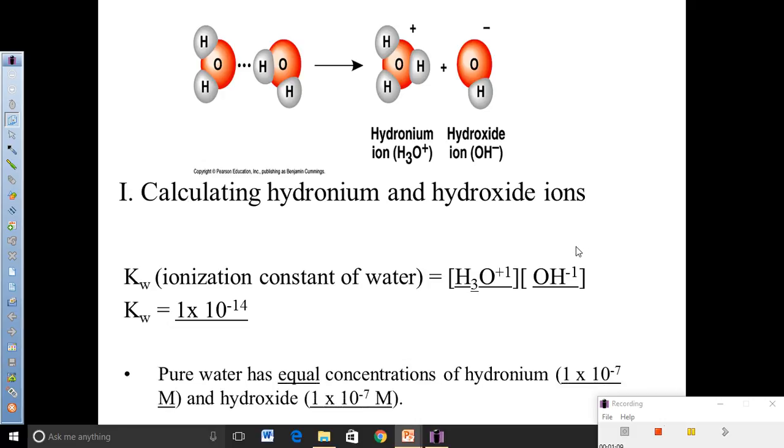If it's pure water, they're going to have equal concentration, so your hydronium and your hydroxide will both be 1 times 10 to the negative 7th. Because if I multiply these numbers together, you multiply the front numbers, 1 times 1 is 1, and you add the exponents. A negative 7 plus a negative 7 does equal a negative 14. So pure water is equal.